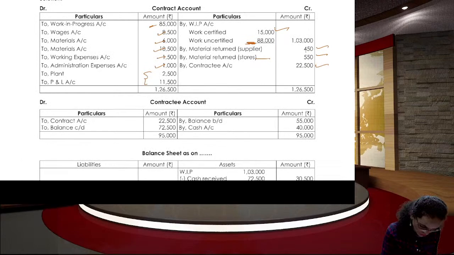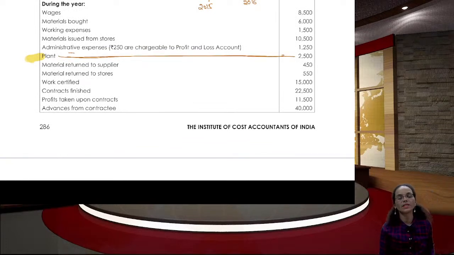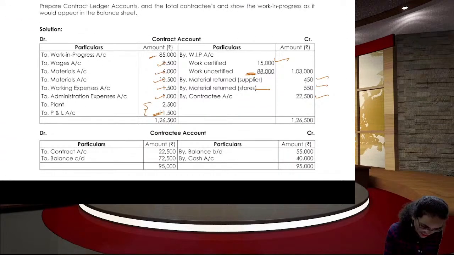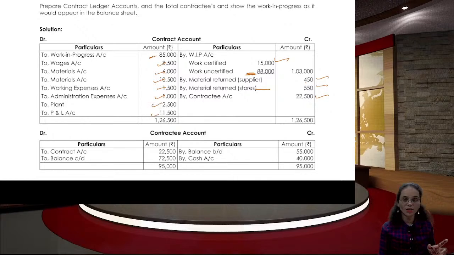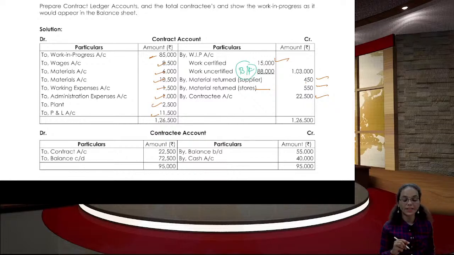The plant information is as he wrote, because the closing plant value is not given. At the same time depreciation value is also not given. So plant is also given in the question and profit is also given in the question. When everything is given in the question, then this one will become the balancing figure, that is the work uncertified.